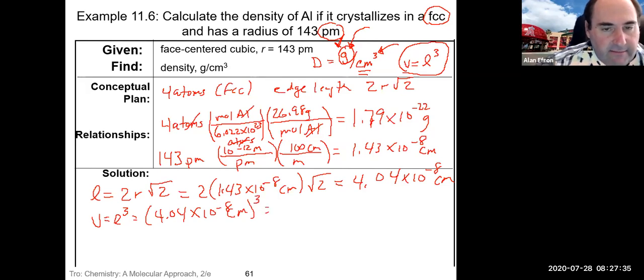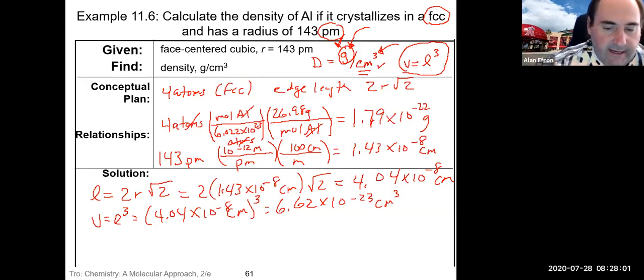That is going to give me the cubic centimeters that I need for my volume. So if I do that, I believe I end up with 6.62 times 10 to the minus 23 cubic centimeters. And that actually is the bottom part here, what I need.